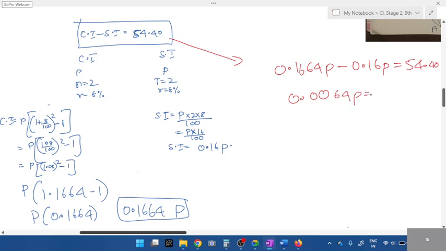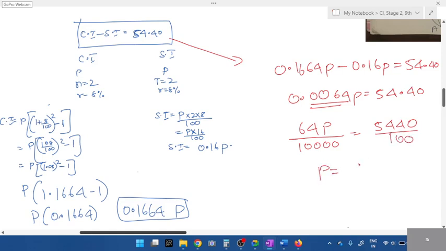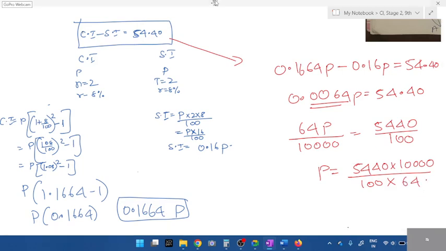Now remove the decimal. If I remove the decimal and write, what will I get? 64p divided by how many numbers are there? And here divided by 100. If you want to find p, which one goes to the other side? Not 100, 10,000. Which one gets divided? 64. Completed. Find principal.